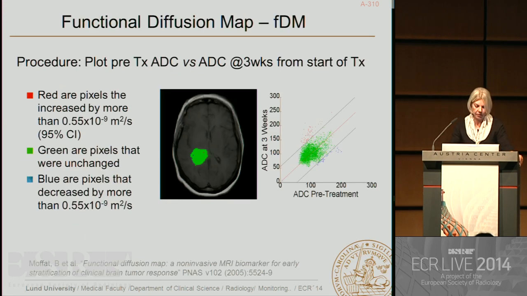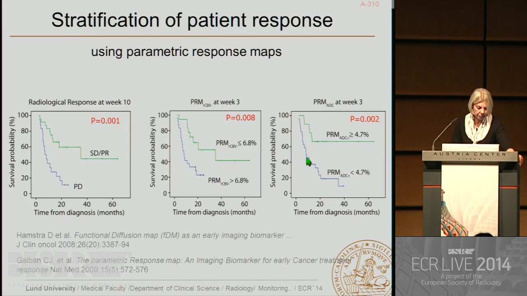And by doing these scatter plots and giving them different colors, we could see which ones are increasing, which are stable, and which ones were decreasing. And that has resulted in a couple of papers where we have been looking at predicting overall survival and or predicting time to progression.